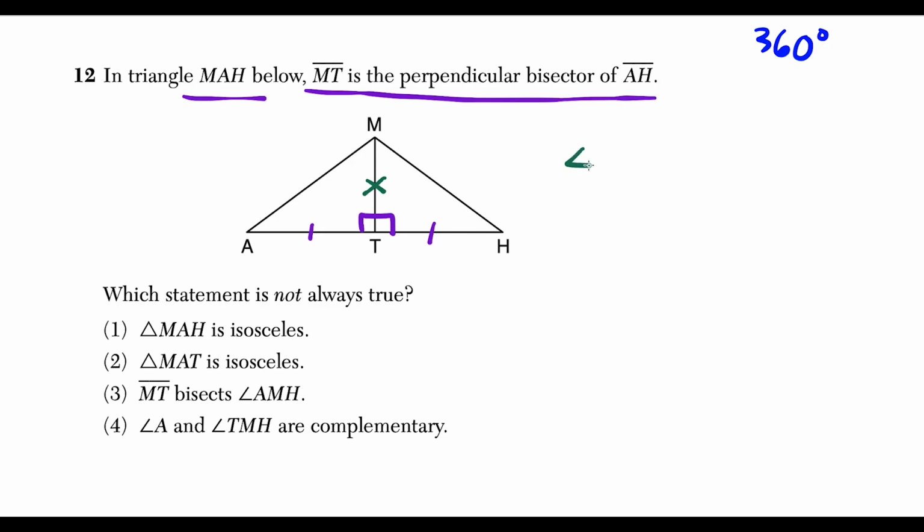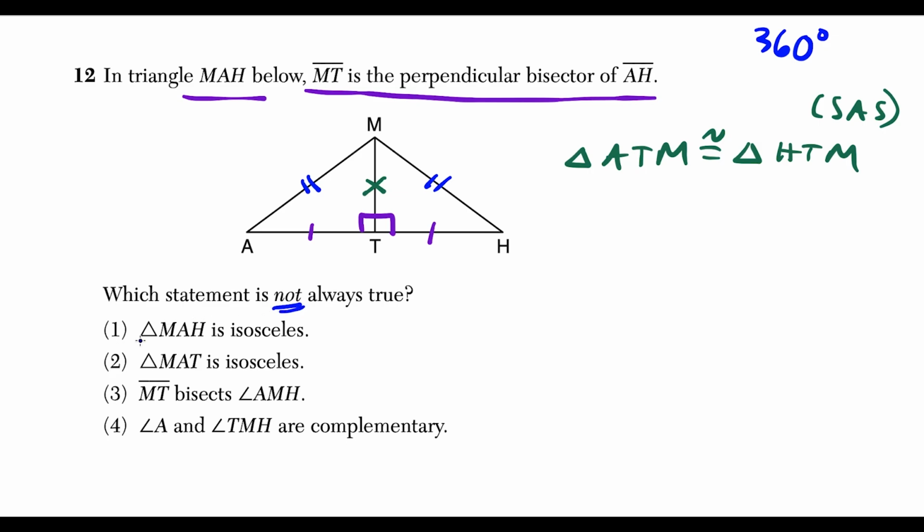So we could say here that triangle ATM is congruent to triangle HTM and the postulate we're using is SAS, side angle side. So now that we know these two triangles are the same, any corresponding parts of these triangles are going to be congruent. So AM is congruent to HM, so MAH is isosceles is always true.